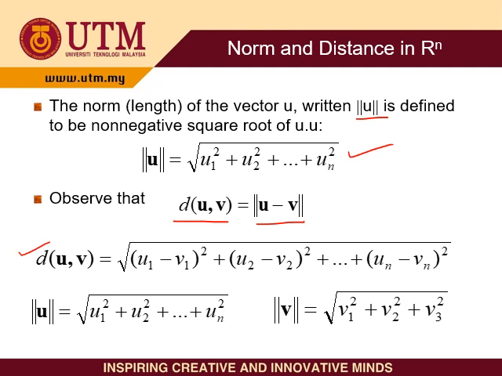So if U minus V here, the norm, it will be U1 minus V1 squared plus U2 minus V2 squared plus U3 minus V3 squared, and so on.